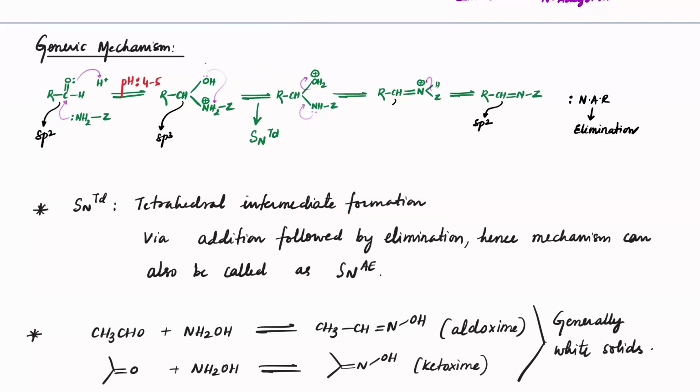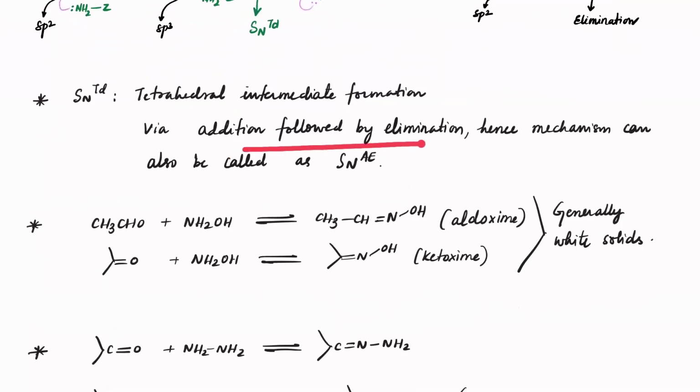So you can notice that there is a tetrahedral intermediate which is forming in the middle. Okay, and then you are getting this product form, correct? And it is followed via addition and elimination. Hence, the mechanism can also be called SNAE, a substitution kind where addition elimination is followed. So SNAE or SNTD. If you see these two terms, you should understand that we are processing via addition followed by elimination.